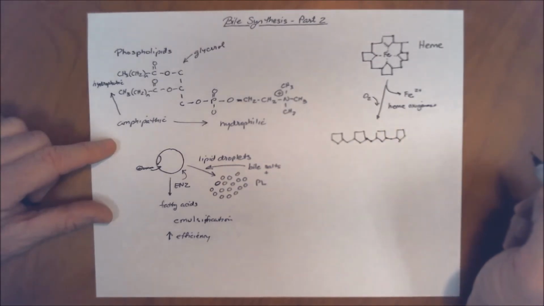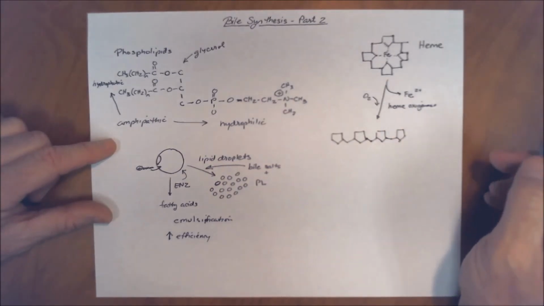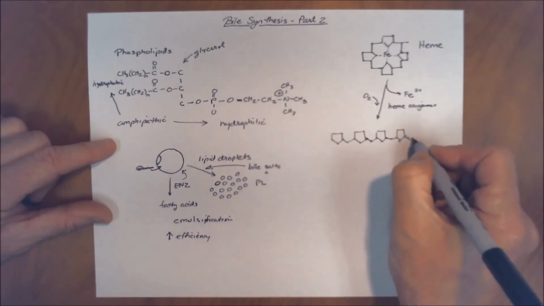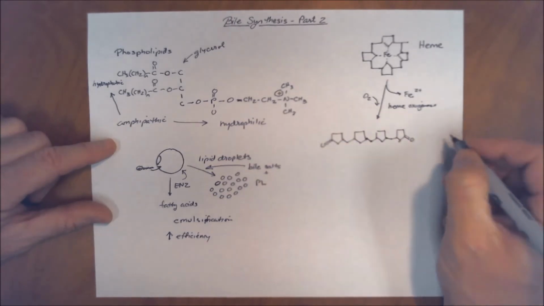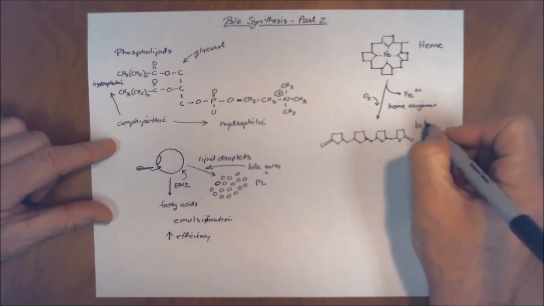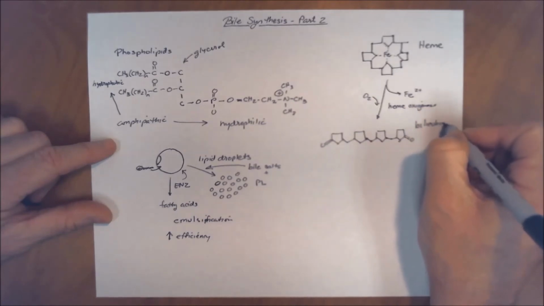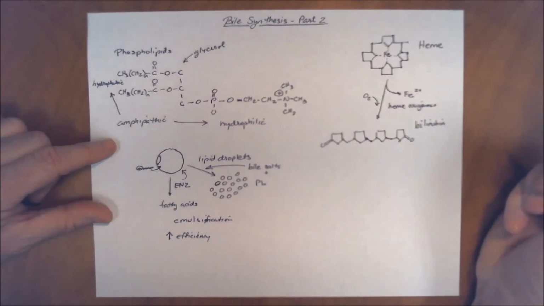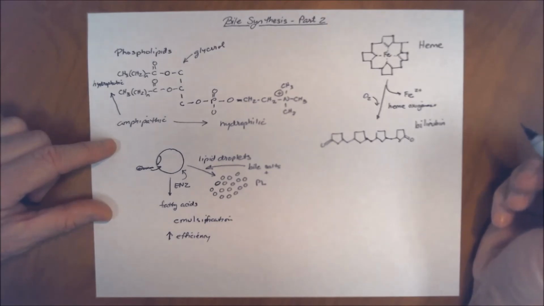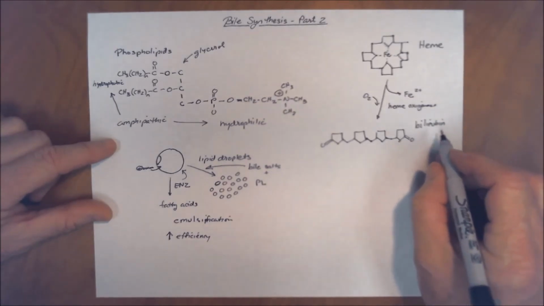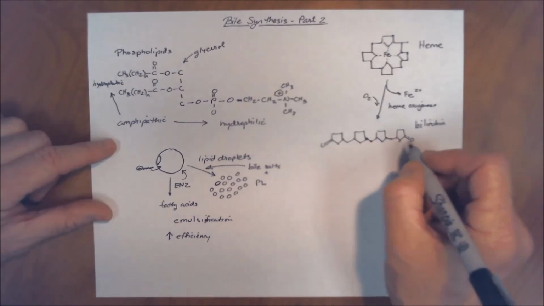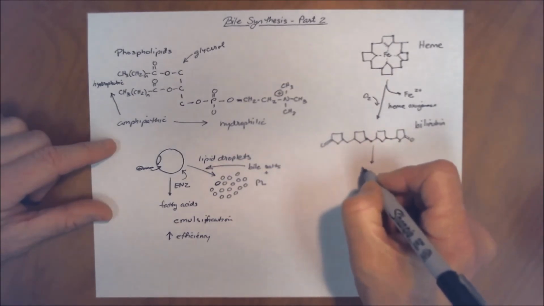Pardon my drawing here, it'll get better as we go on. Once this is opened up, our oxygens are here on the end. This is called bilirubin. Bilirubin is then secreted from the macrophages into the bloodstream, and the bilirubin will then travel to the liver.